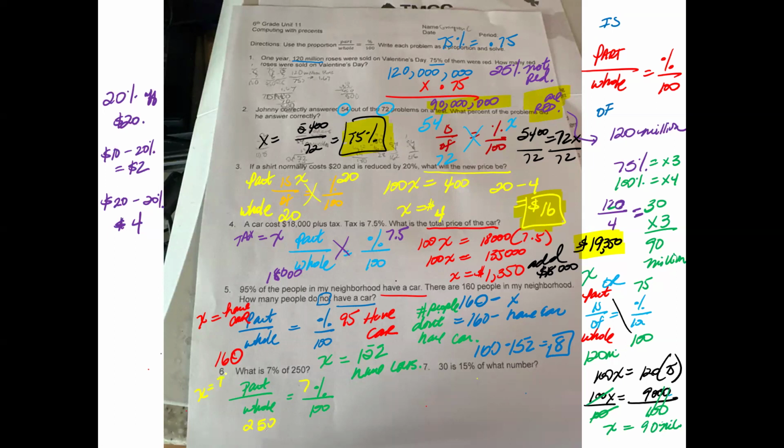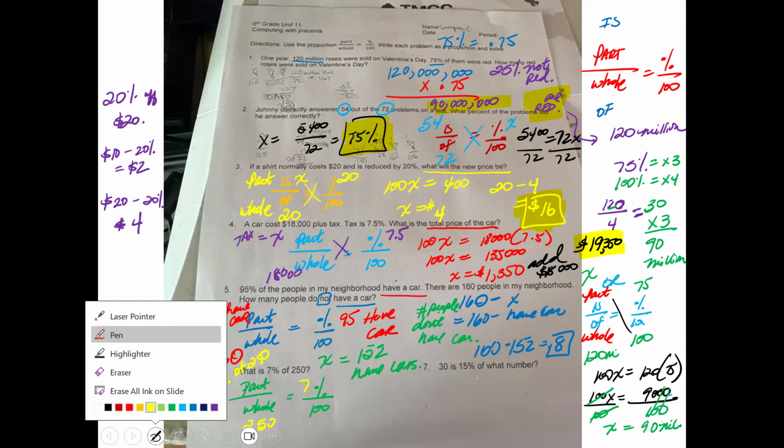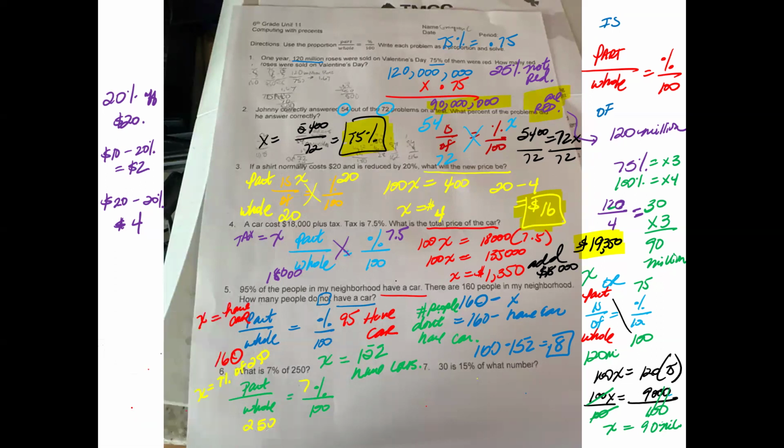X is going to be the 7% of 250. Is that going to be a big number or a small number? Bigger than 250 or smaller than 250? If you had to make a guess what 7% of 250 would be, what do you think that would be? I don't know, 50.